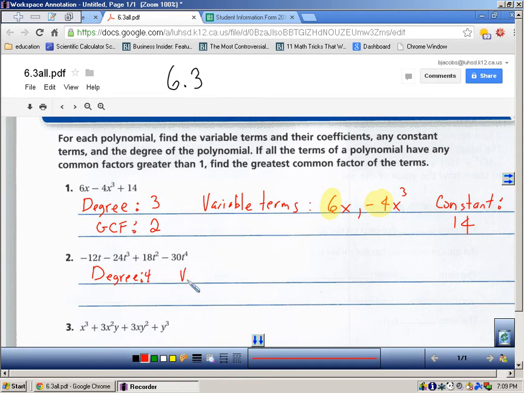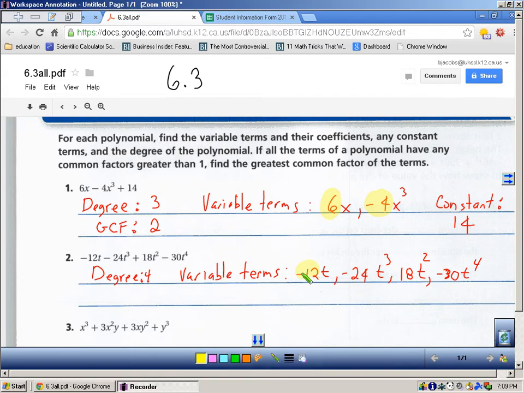Variable terms. Again, the coefficients of the variables are highlighted in yellow.